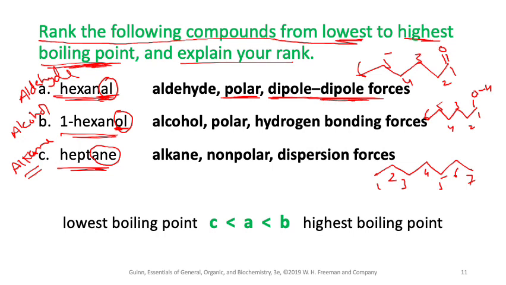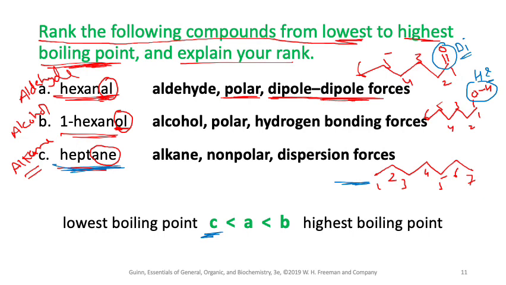So if you see clearly, only alcohol can form hydrogen bond as well as dipole interaction. Aldehyde can only form a dipole interaction, but heptane only has dispersion forces, because there is no dipole in this heptane. So the lowest one will be heptane because it has only dispersion forces.